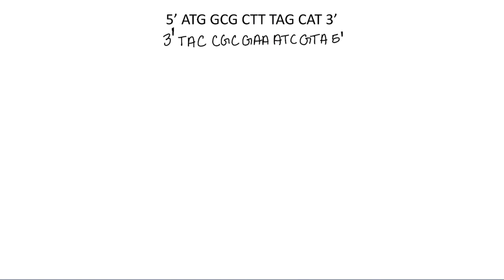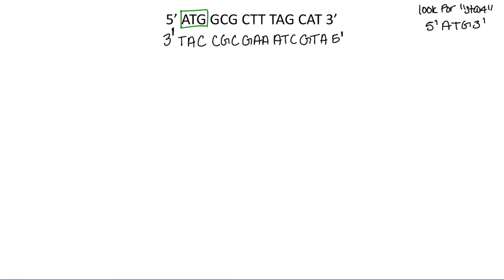All right, now what we have to do is look for the start. And the start in DNA is ATG in a 5' to 3' fashion. So I'm going to go ahead and look for one, and it turns out if we start on this top strand here, we have an ATG right here. It's in the 5' to 3' orientation, so it is in the correct direction.